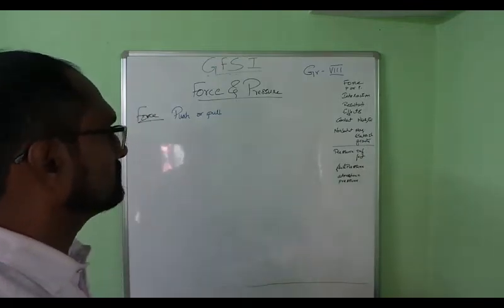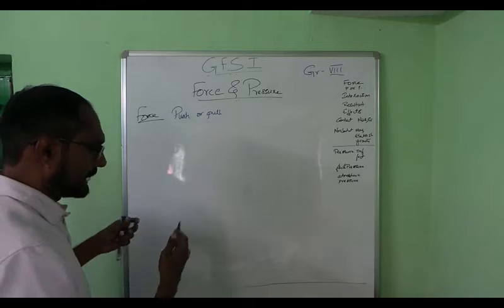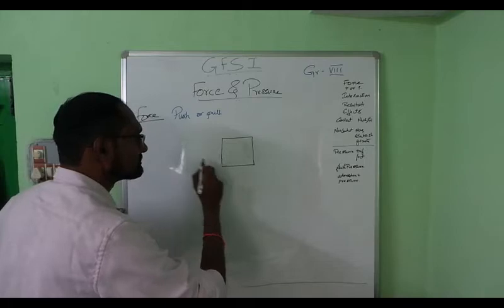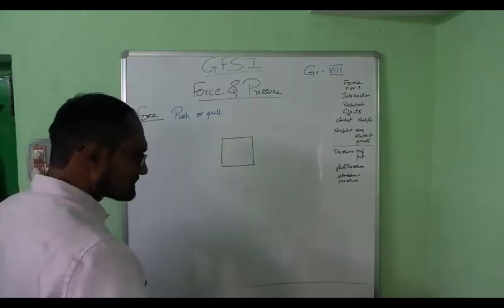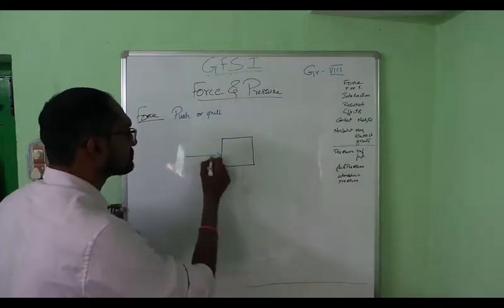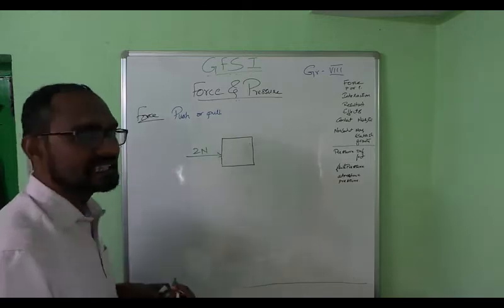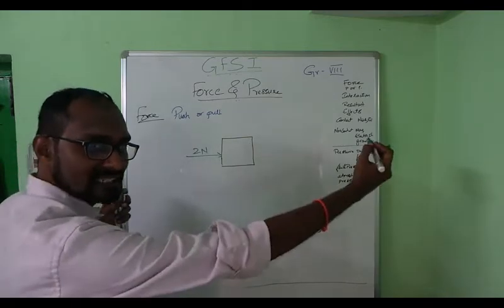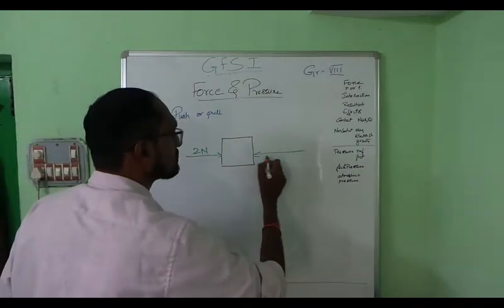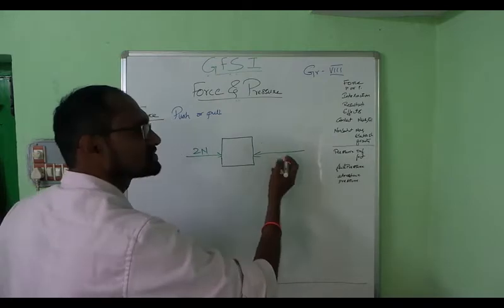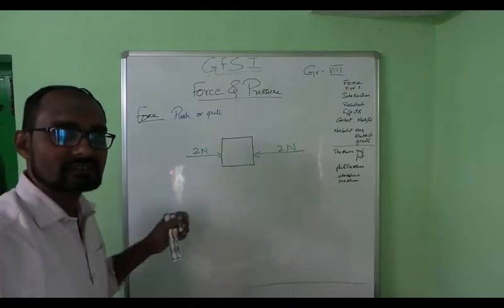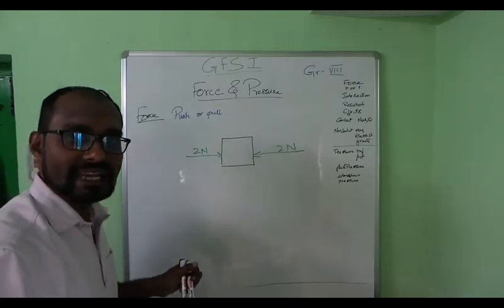Now let us consider an object which is like this. On this object a force of 2 Newton is acting towards the right side, and there is another force which is acting towards the left side, and let us assume that force is also 2 Newton. So definitely the total force acting is 4 Newton.